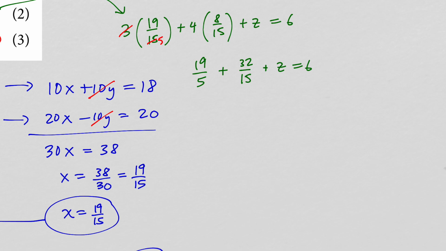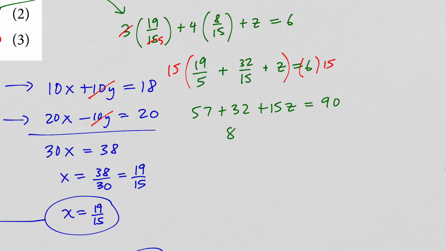And now to solve this, let me just multiply both sides by 15. Get rid of the fractions there. So on this side, we're going to have 3 times 19 is 57, plus 32 plus 15z is equal to 90. So this is 89 plus 15z equals 90.